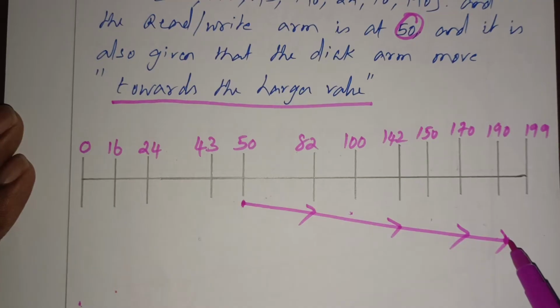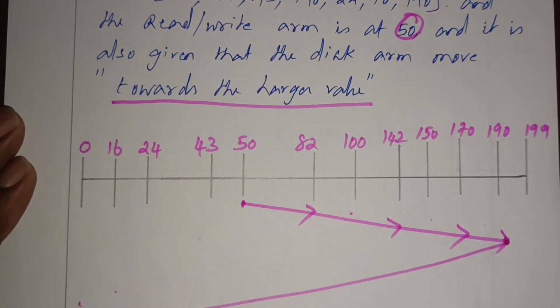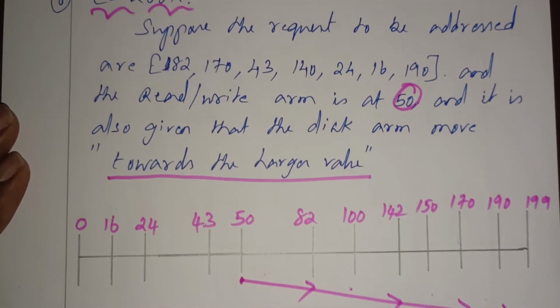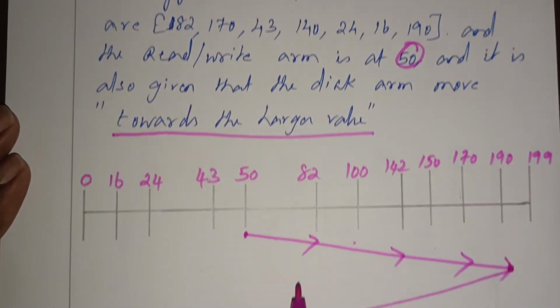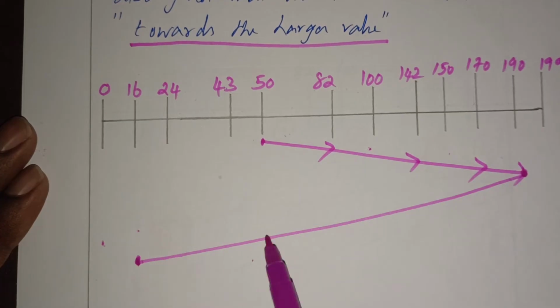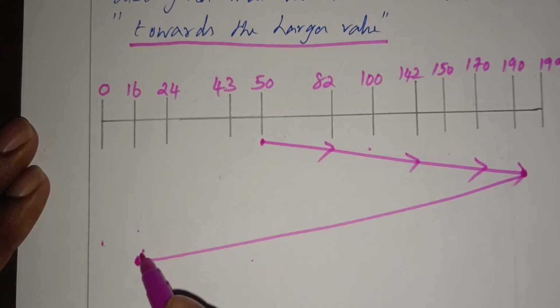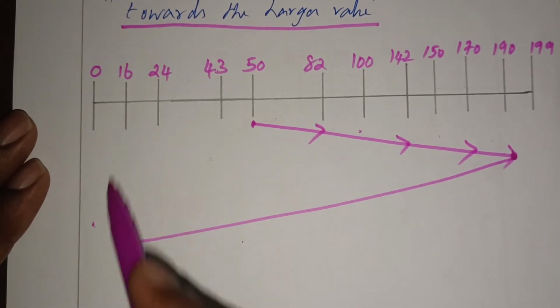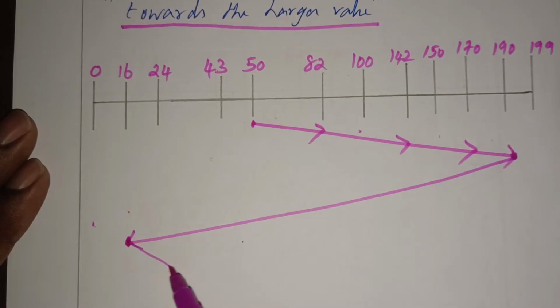It will reverse back to the last position, that is not 0, the last position is 16. Here the least number is 16, and in between it is not serving anything. That is the only difference between this algorithm and the previous one, LOOK and C-LOOK. So here it stops exactly at 16. The service is made at 16, and then it will reach 24.